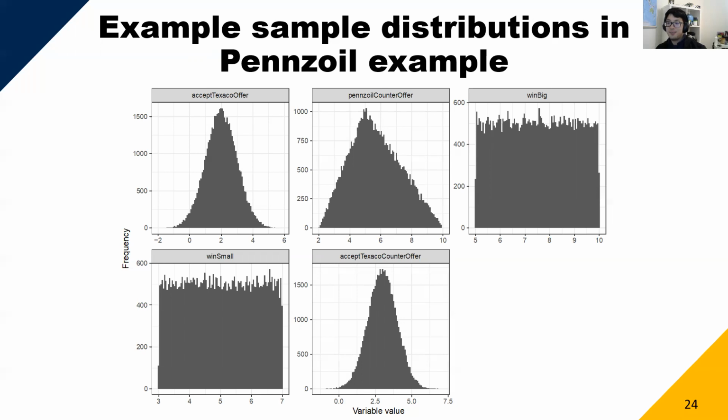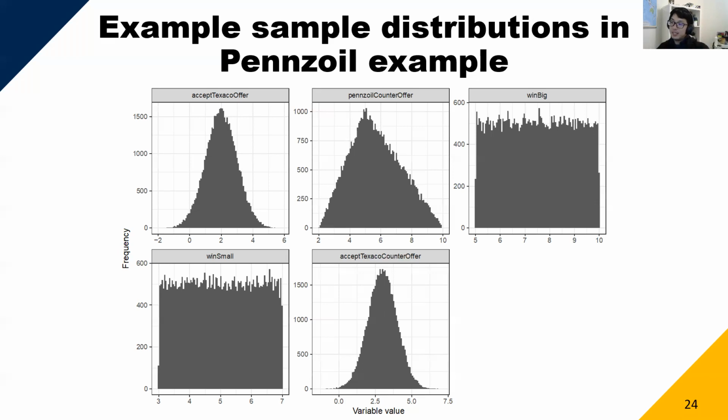I made the court case winnings a uniform distribution, which looks like this. And the Texaco counteroffer is a normal distribution. Again, this is just an arbitrary example of distributions that I made up for each of these parameters.